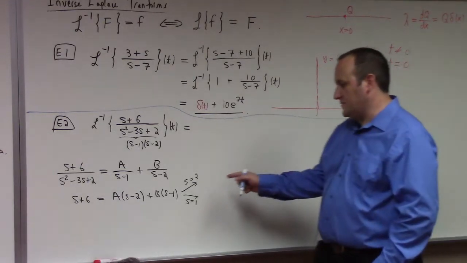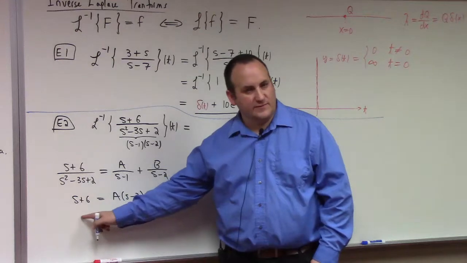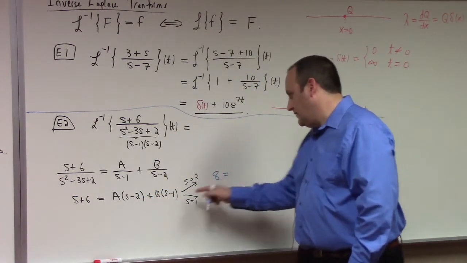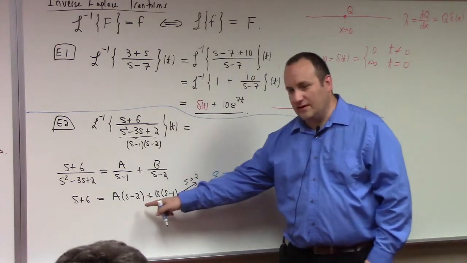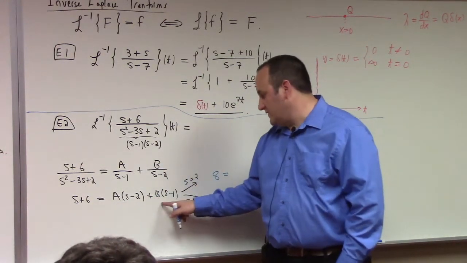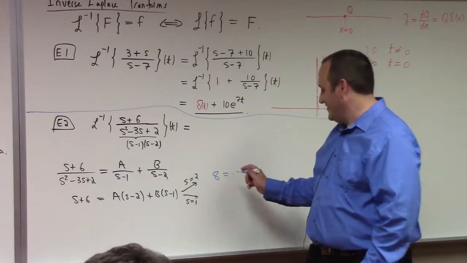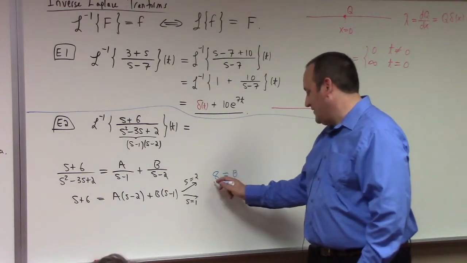I put s equals 2. In the left-hand side, what's 2 plus 6? It's 8, right? So we get 8. On the right-hand side, put in 2. It kills the a term, and it leaves b. Okay, well, yeah. So apparently b is 8.